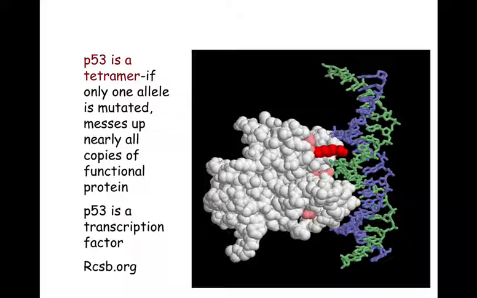That monomer is going to try to form a tetramer with wild type p53, ones that aren't mutated. And if only one out of the 4 is mutated, it still results in a mutated tetramer of p53. So you can have one bad apple among your p53 genes and will still mess up a large proportion of your p53 protein.